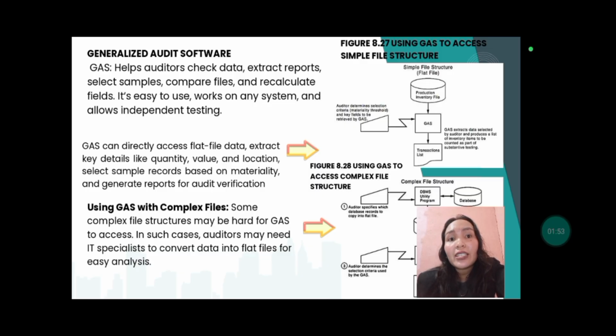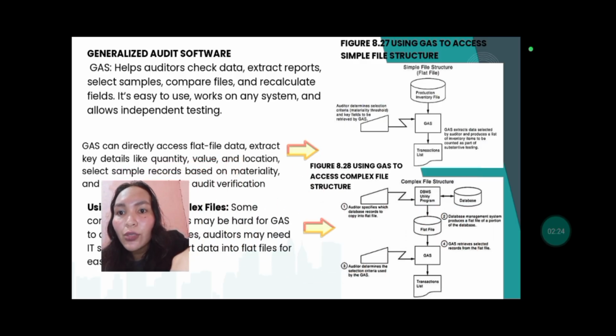The next step is that the GAS uses these criteria to extract specific data from the production inventory file, and the software generates a list of items for physical counting as part of substantive testing. And the last one is that the process results in a transaction list used for further auditing procedures.